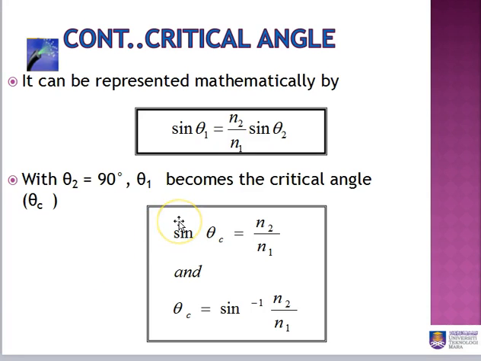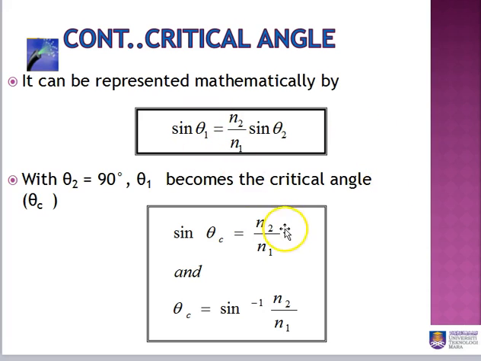The critical angle can mathematically be represented by sin theta 1 equals n2 divided by n1 times sin theta 2. So when sin theta 2 becomes 90 degrees, theta 1 becomes the critical angle.